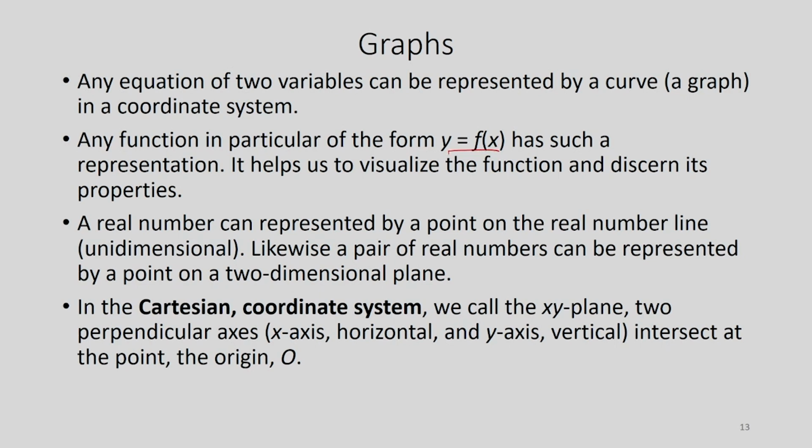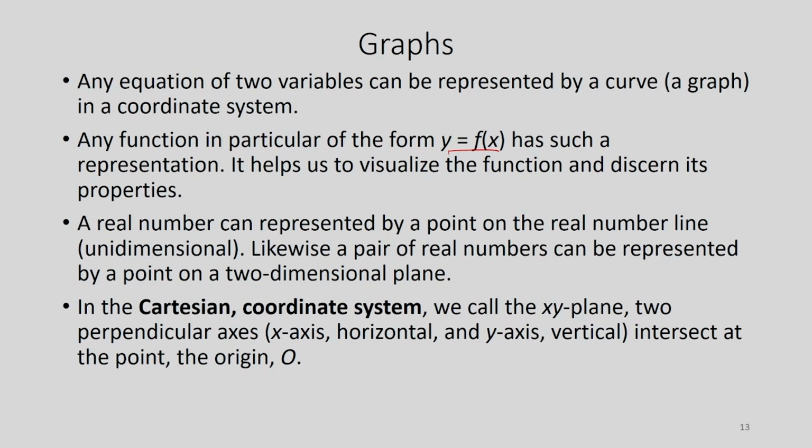It helps us to visualize the function and discern its properties. So, the point that is being made is that if you take any equation, I am not talking about function, any equation of two variables, then this equation can be represented along a coordinate system, and that is called the graph of that particular equation.